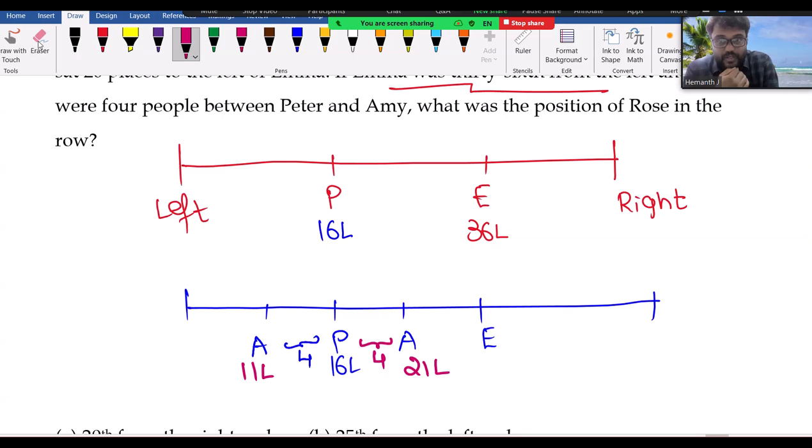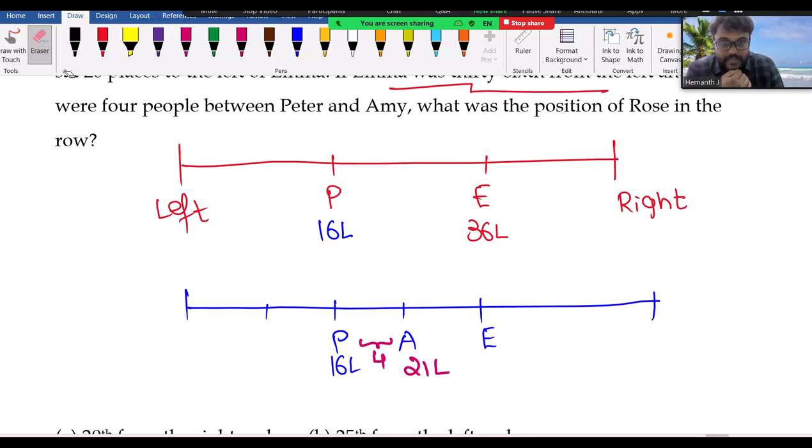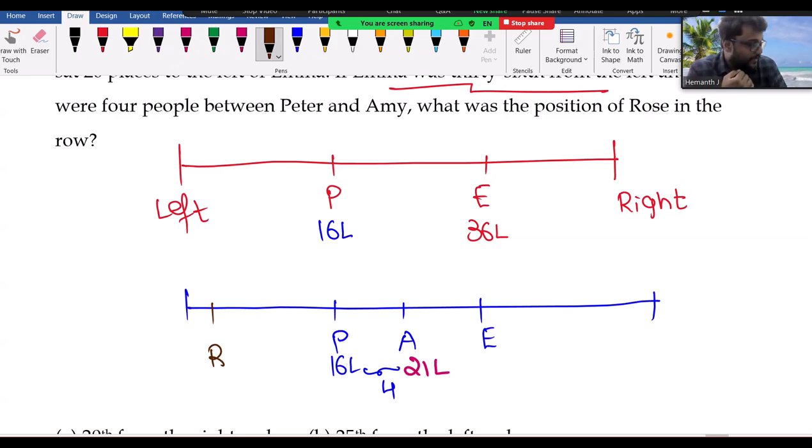Amy at 11 is not suitable. I have to take Amy here only, 4 people in between, and I have to take Rose here. For Rose, 20 places right is Amy, right? So Rose, 21 minus 20, should be 1 from the left end. Rose will be first from the left end. 20 places right of that is Amy. Okay, so we have to do plus 20 now. Then 21 from the left hand is correct.